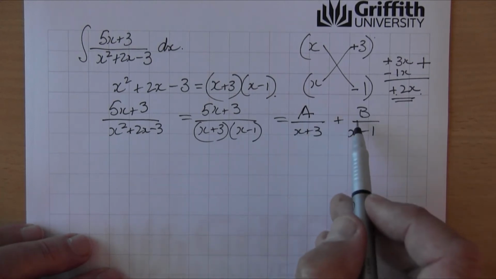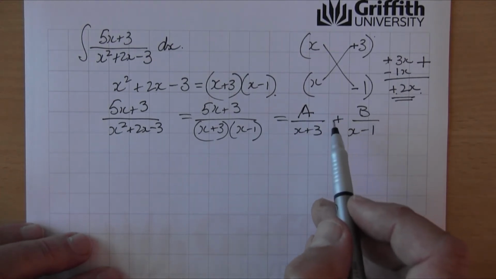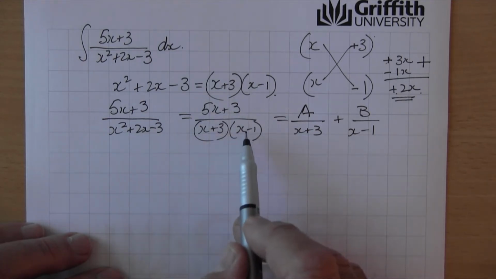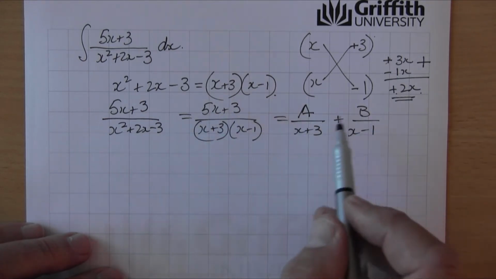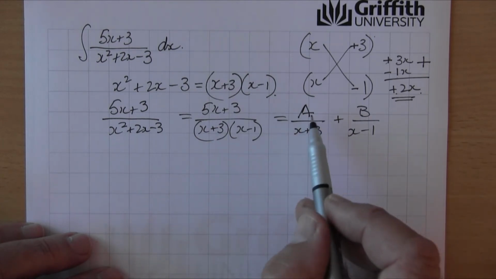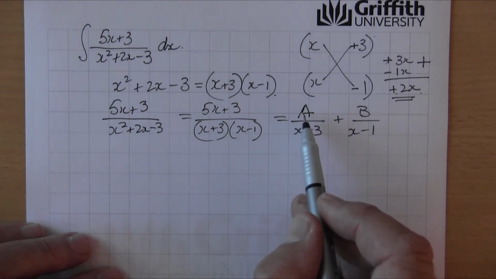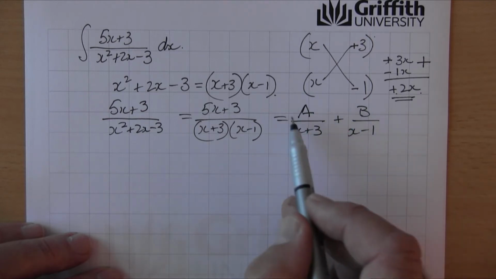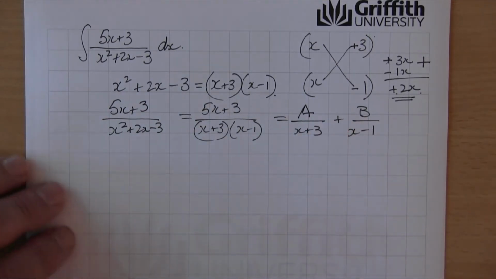Our next step is to calculate what a and b are. All we've done is factorise the denominator, kept that as it is, and then split it up into some expression over x plus 3 plus some expression over x minus 1. Now we've got to find these two expressions.